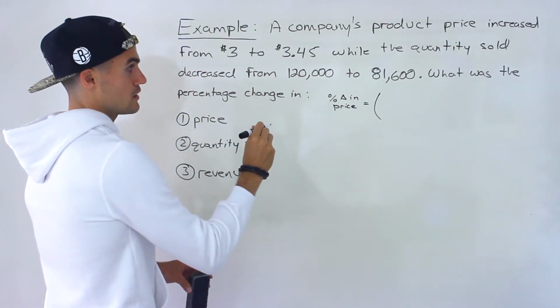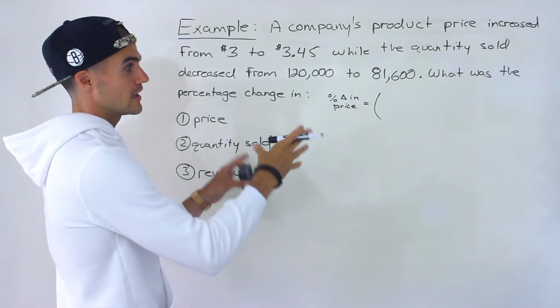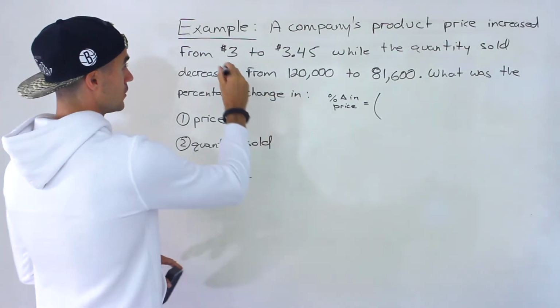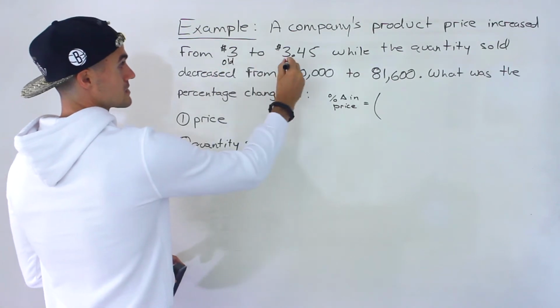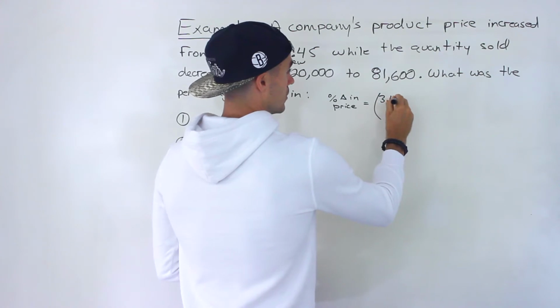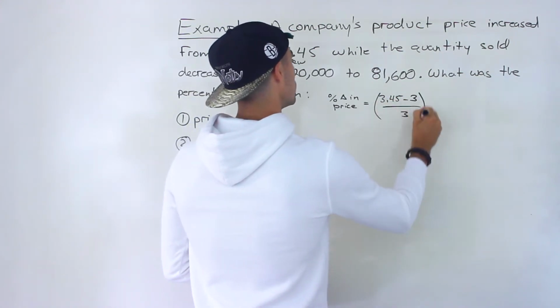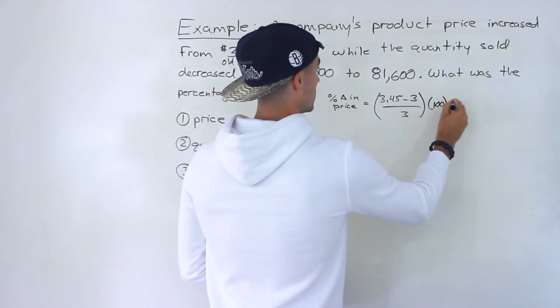Well, it's going to be the new price, new minus old over old, and then that's going to be a decimal multiplied by 100. So notice how this is the old price, this is the new price. So we'll have the new minus the old all over the old times 100.